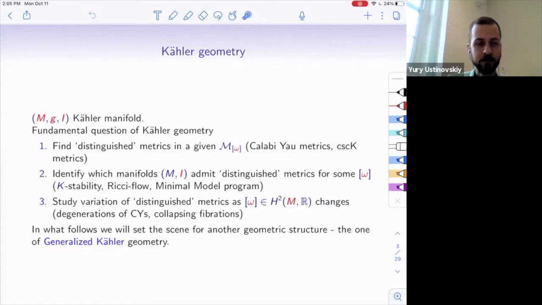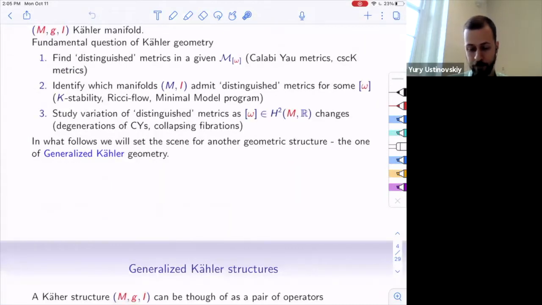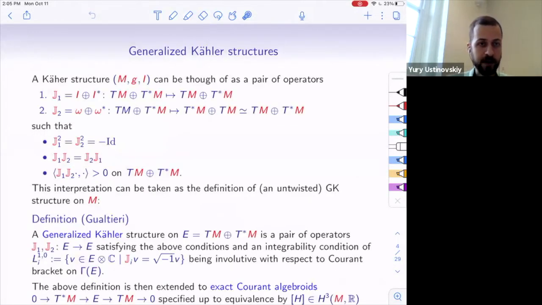So this is a very well established and developed field. What I'm going to talk about today is actually an attempt to set the scene for similar types of questions in a different geometric setting, in the setting of generalized Kähler geometry, which I'm about to describe.